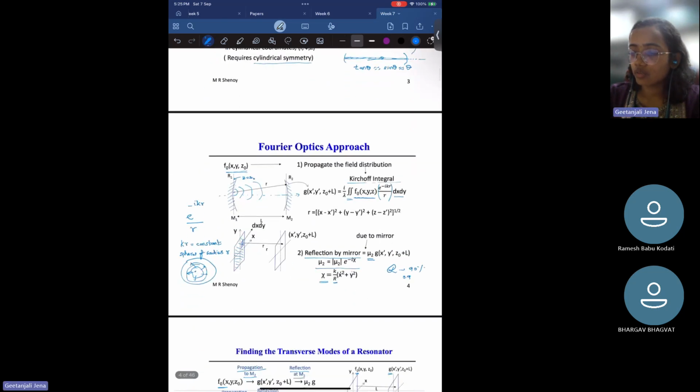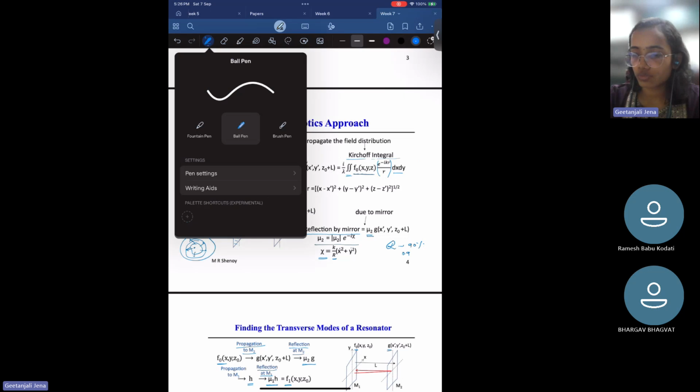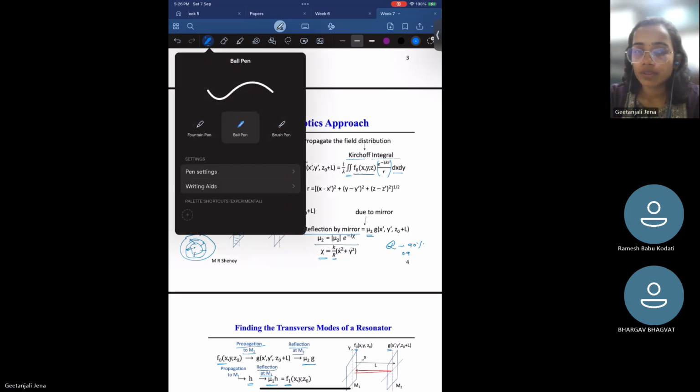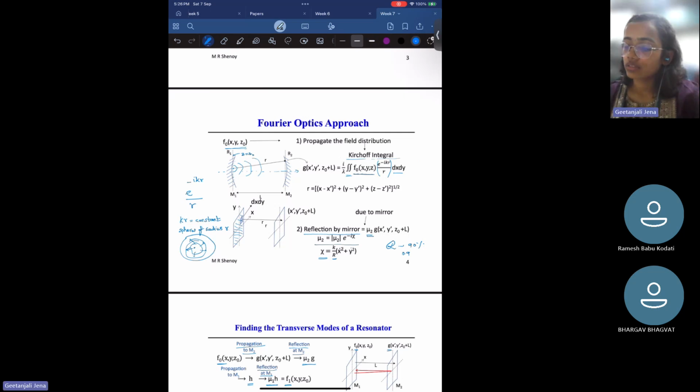So let us see how we can get the transverse mode. To get the value of F1, we typically take the Fourier optics approach. In the Fourier optics approach, we initially start with the initial field distribution, which is F0 of X, Y, Z0. So we have a field distribution at value Z0.